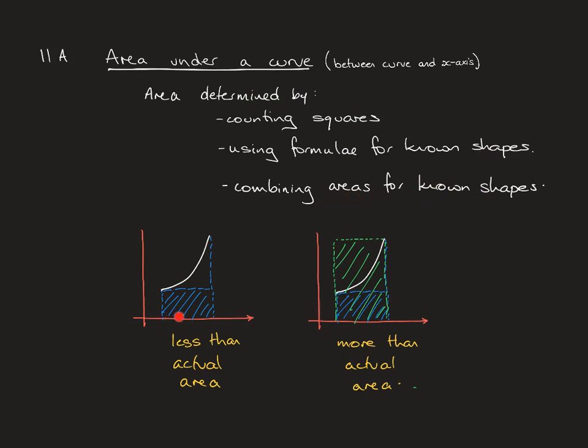If we just use this blue rectangle sitting underneath this curve here, you can see that that blue rectangle is actually less than the actual area that's under the curve.